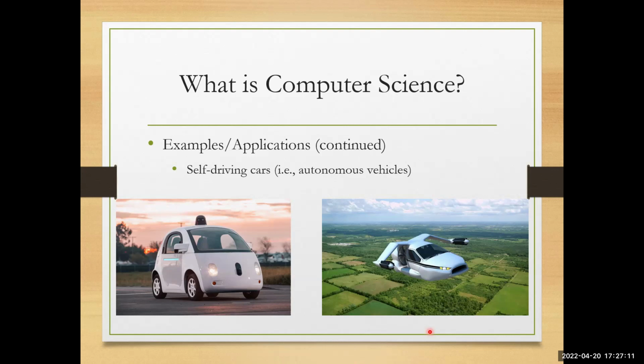On a self-driving car, you may have many sensors that can sense the environment, and then you have a control system, just like an operating system, that uses the sensed data to make driving decisions.